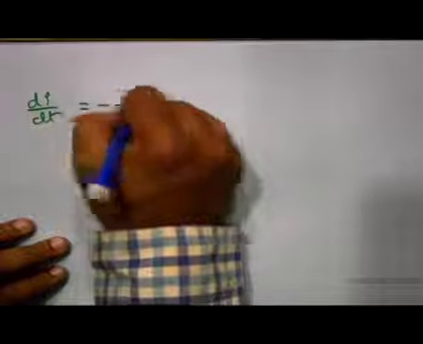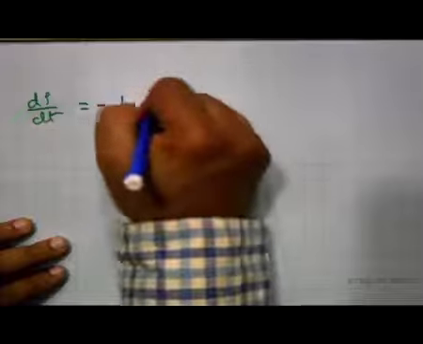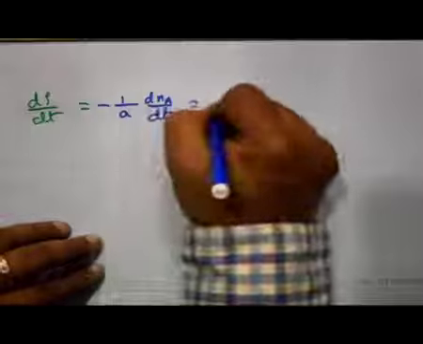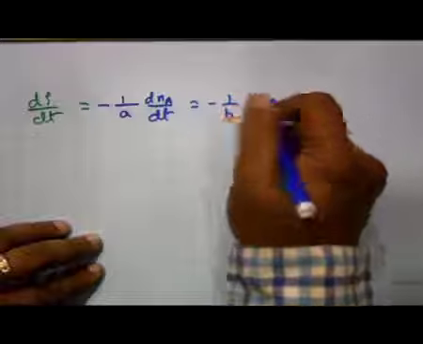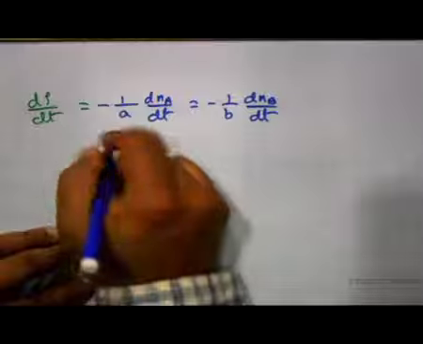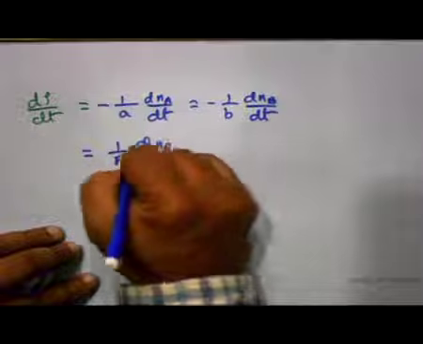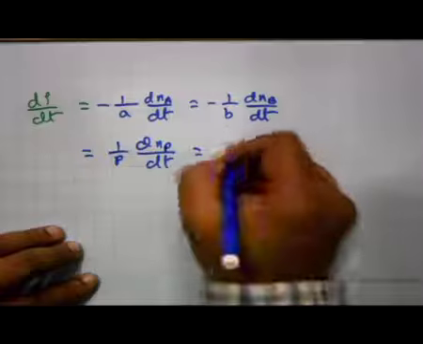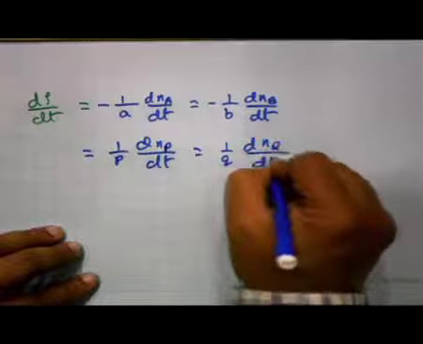Minus 1 by a dN_A over dt, this is equal to minus 1 by b dN_B over dt, this is equal to 1 by p dN_P over dt, and this is equal to 1 by q dN_Q over dt.